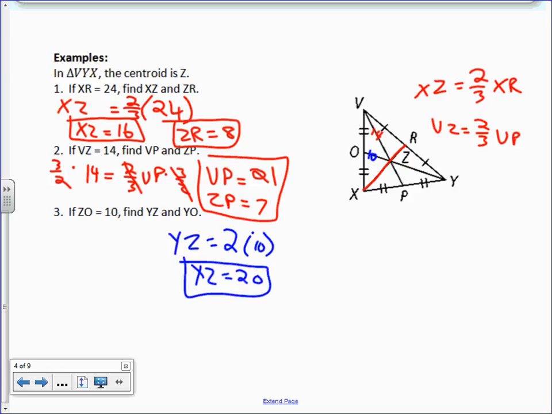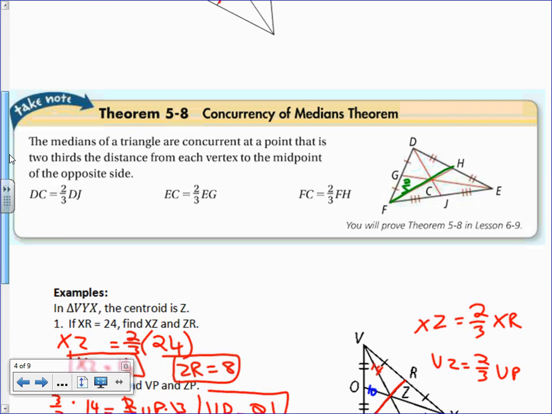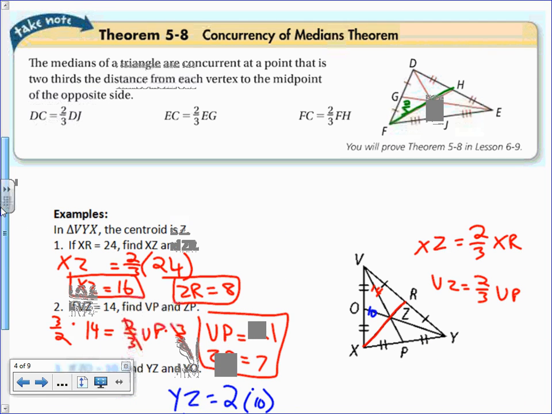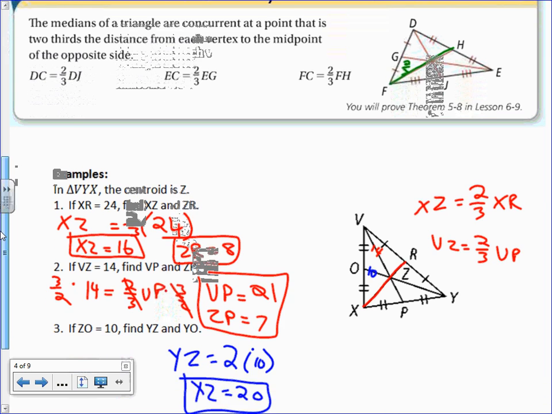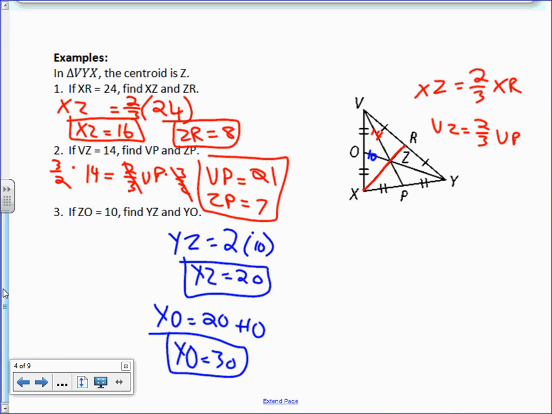And then we know the whole segment, YO, would have to be 20 plus 10, which would be 30. That's what all comes from this theorem, the centroid concurrency of medians theorem. In other words, it's kind of like the centroid theorem.